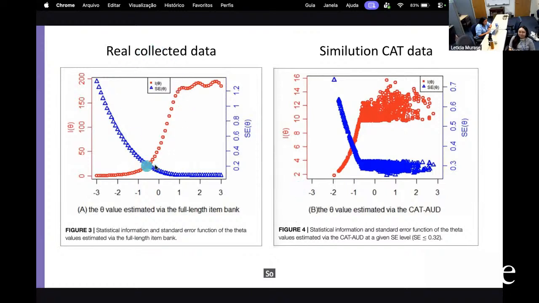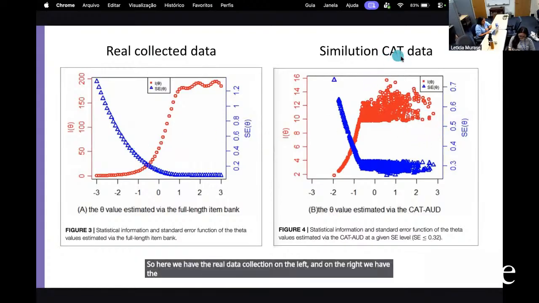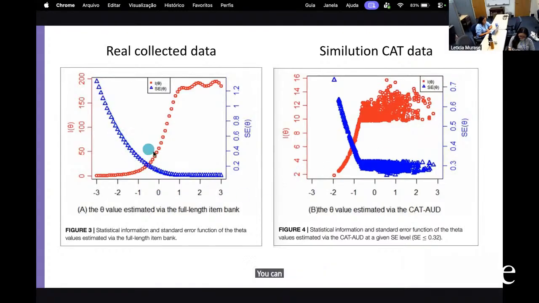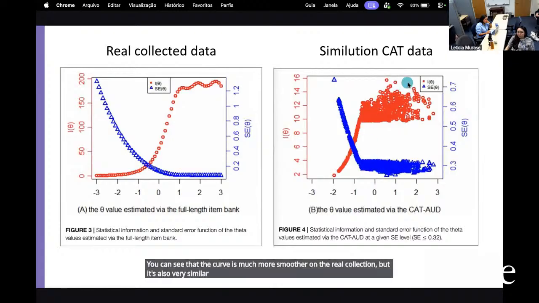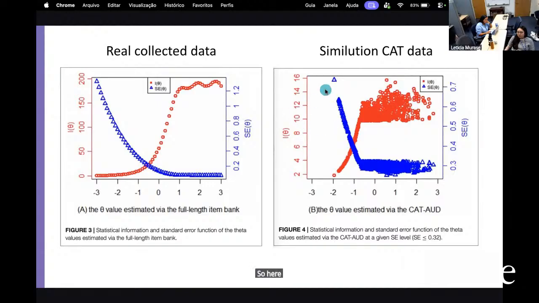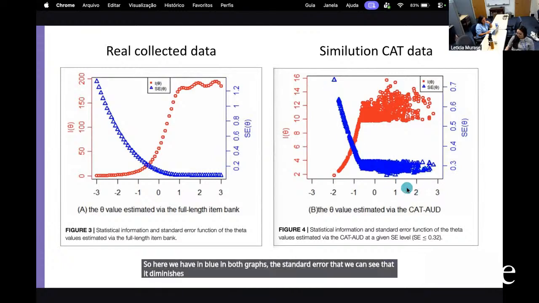Here we have the real data collection on the left, and on the right we have the simulated CAT data. You can see that the curve is much smoother in the real collection, but it's also very similar to the simulated data. Here in blue, in both graphs, is the standard error, which diminishes according to the theta level.